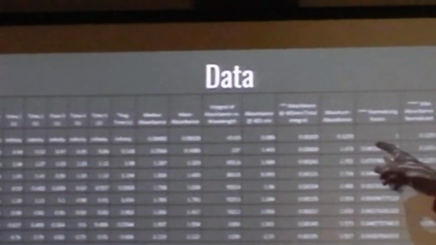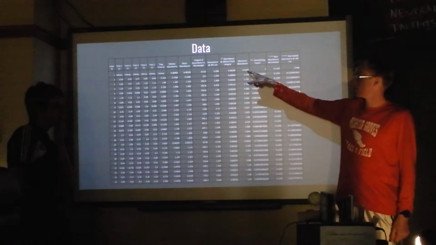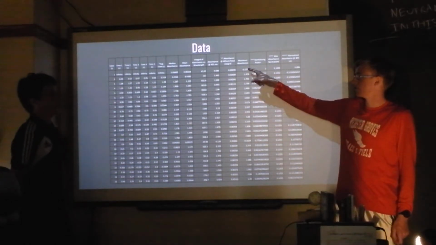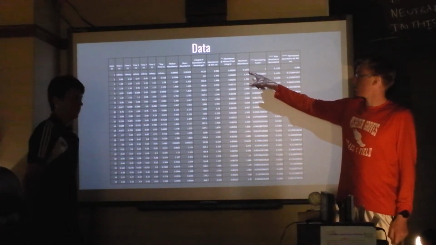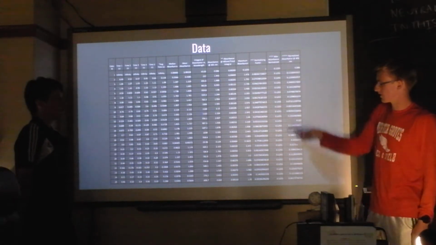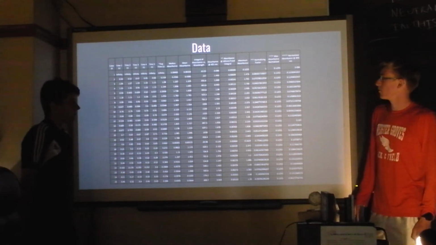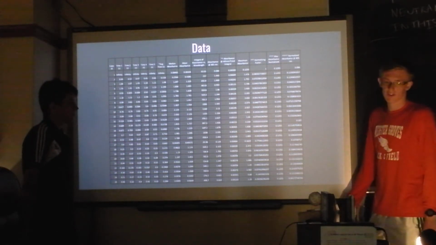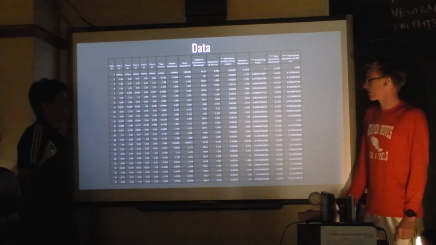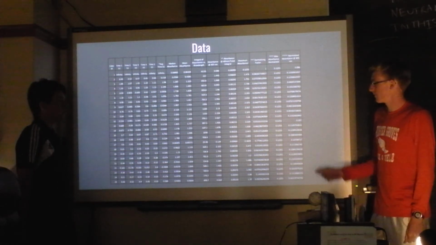And so we made a normalizing factor, which just took the maximum at 1, because that's what we normalized all of the data to. So we multiplied it so that all of the max absorbances were the same. And then we multiplied the absorbance at the wavelength of the laser by that factor, so we could get graphs.